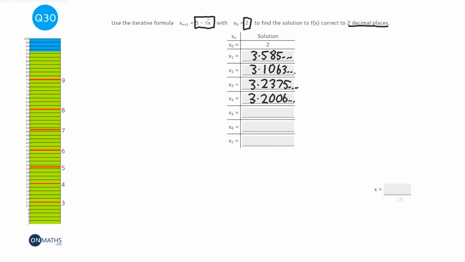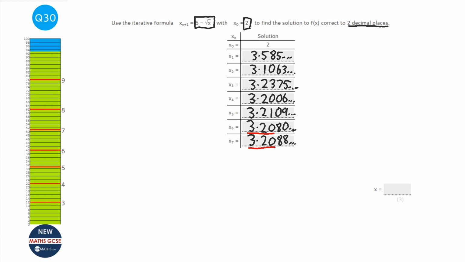3.2006 and so on, equals, 3.2109, equals, 3.2080, equals, 3.2088. Now, you stop when you get the first repeat of the accuracy that you're looking for.